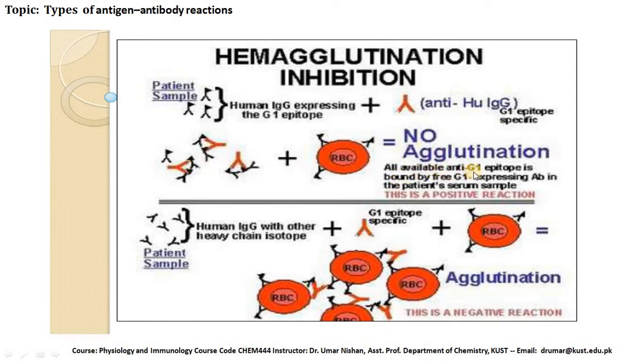All available anti-G1 epitope is bound by free G1 expressing antibody in the patient's serum sample. This is a positive reaction. Human IgG with other heavy chain isotype, patient sample plus G1 epitope specific plus RBC: agglutination. This is a negative reaction.